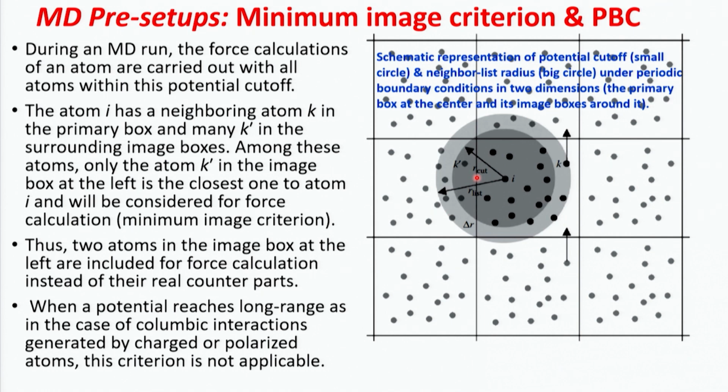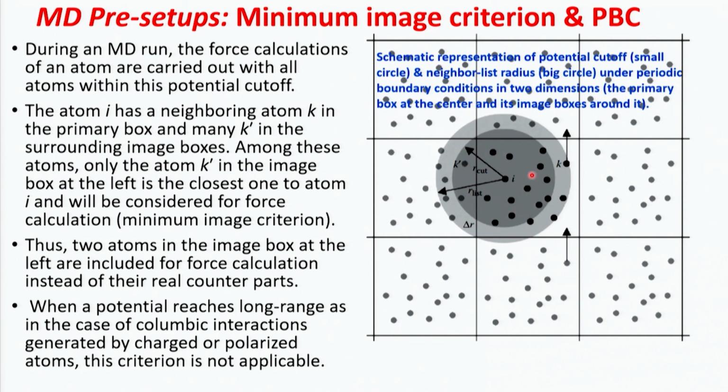So during an MD run, the force calculation of an atom is carried out for all the atoms within this potential cutoff. Let's say this atom I has a neighboring atom, let's say K. This K within the main calculation box is outside the R cutoff. But if you take the image of this K here, you can say that this is within the R cutoff.